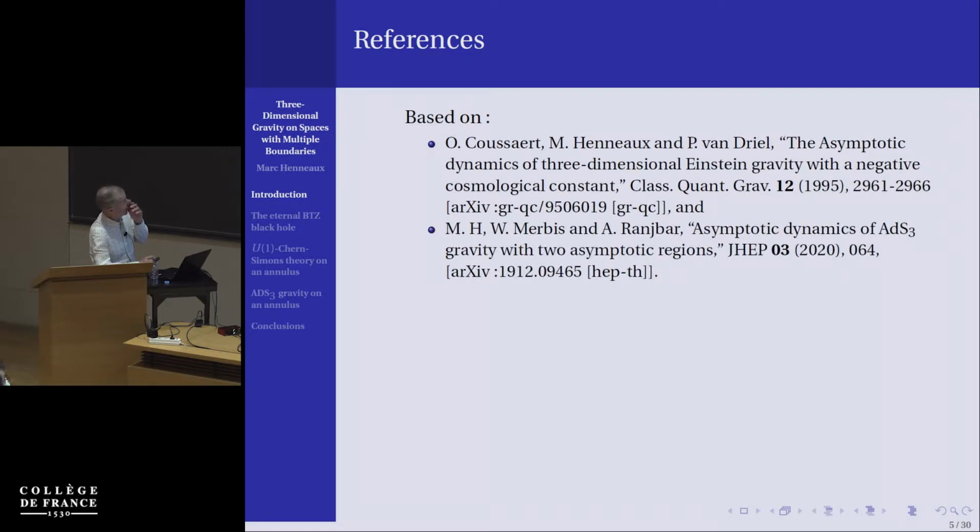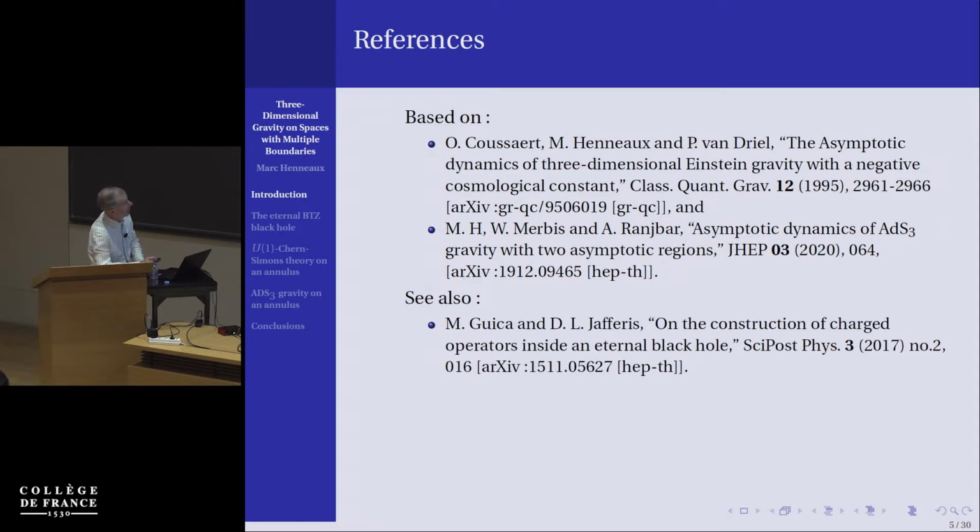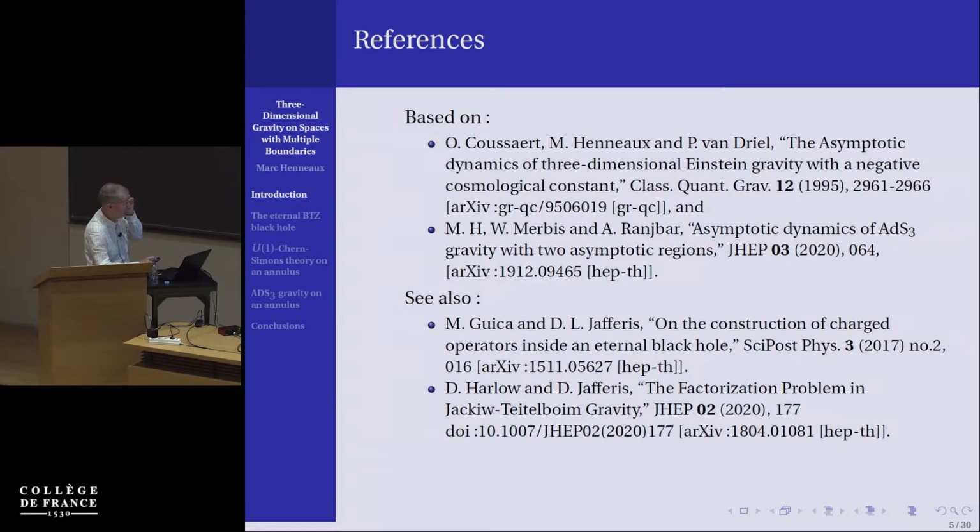Okay, so it's based on the following two papers, but it finds its roots in many more references, and I will only mention three here, but the list is far from being exhaustive. One is a paper by Monica Guica and Daniel Jefferies, which pointed out the importance of Wilson lines connecting the boundaries and how they enter in an important and crucial way in the discussion.